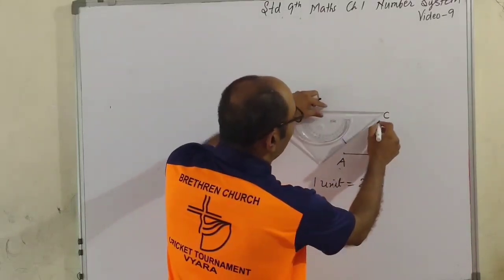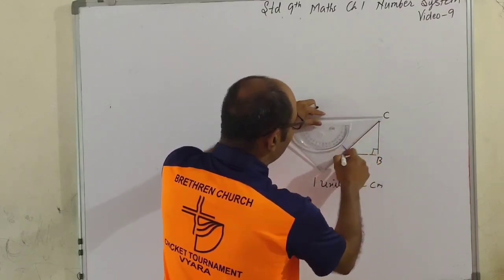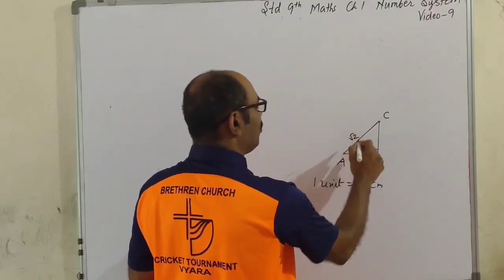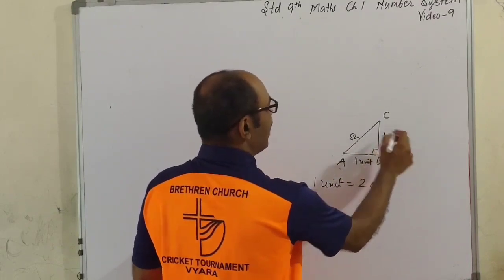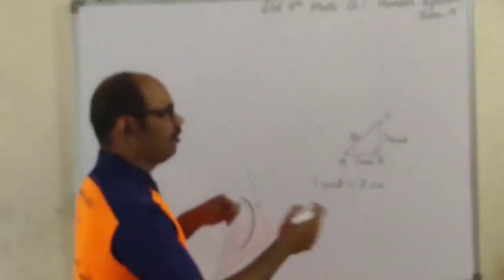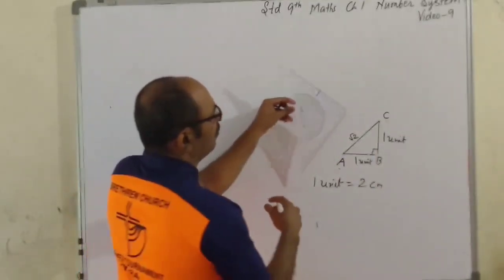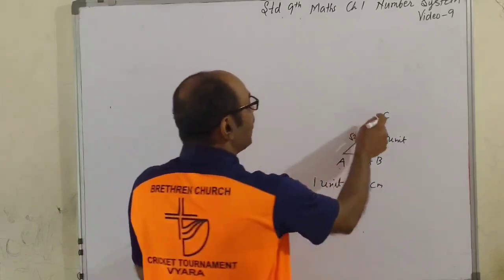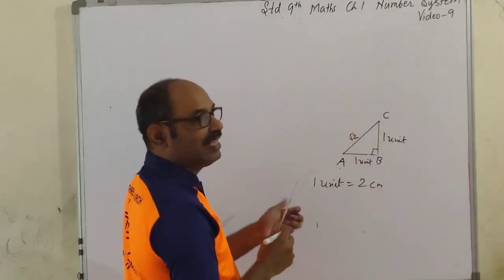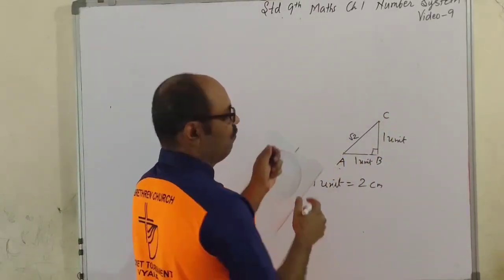Draw the hypotenuse. You know it's going to be √2. If this is 1 unit, this is 1 unit, then this is √2. Keep on constructing now. Shall I change the pen. At C, I have to draw a perpendicular line segment to AC of 1 unit.